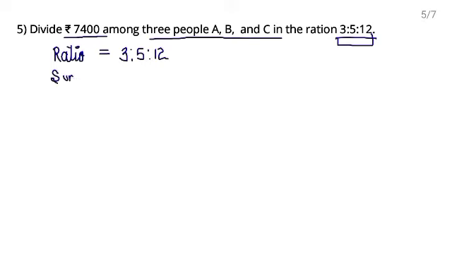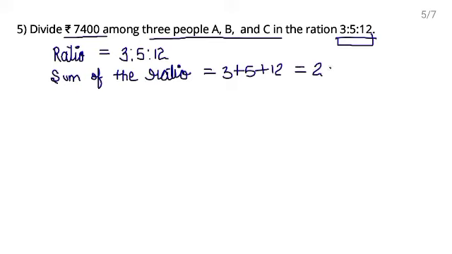Sum of the ratio will be 3 plus 5 plus 12, which is 5 plus 3, 8 plus 12 is 20.